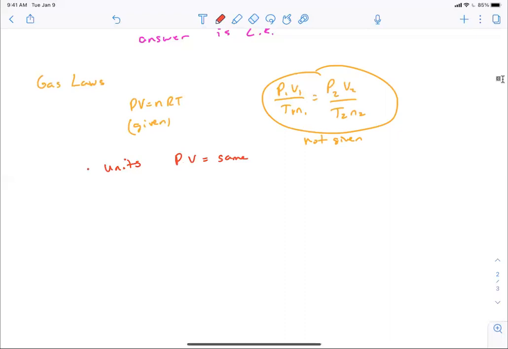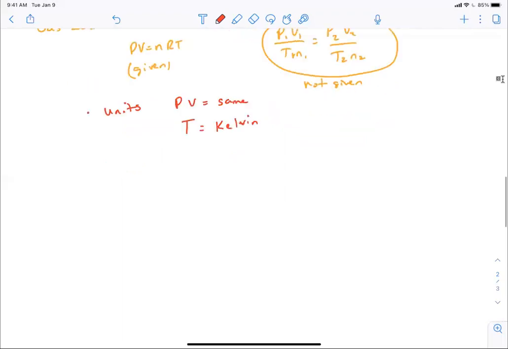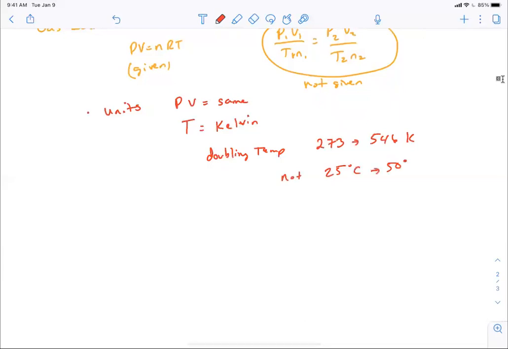The issue is with temperature, because temperature is not a multiplicative conversion, it's an addition conversion. So therefore, when you talk about doubling temperature, you have to think of it as 273 to 546 Kelvin, not 25 degrees Celsius going to 50 degrees Celsius.